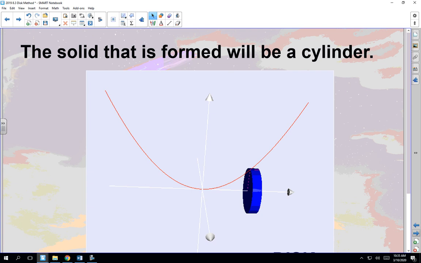This is where we get into calculus. We've moved from the realm of geometry to calculus. The radius is an ever-changing radius here, right? Corresponding to what? The function. So instead of pi r squared h, we have pi f of x squared h, and you integrate that from a to b. That's it. That's the volume.